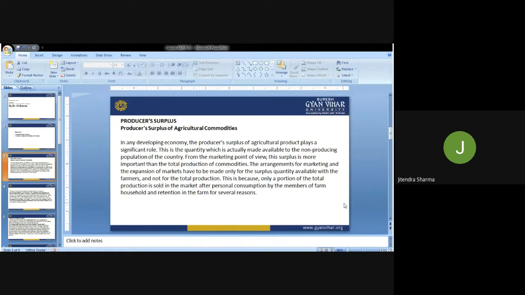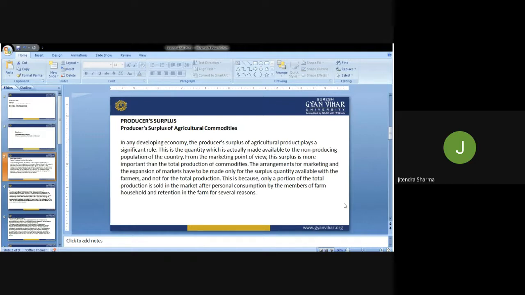Once again, I'll repeat that in any developing economy, the producer surplus of agricultural product plays a significant role. This is the quantity made available to the non-producing population of the country. From the marketing point of view, this surplus is more important than the total production of commodities. The arrangement for marketing and expansion of markets has to be made only for the surplus quantity available with the farmers and not for the total production.